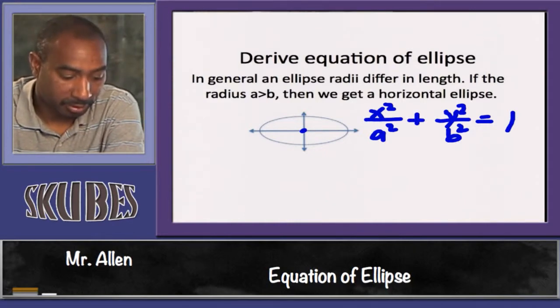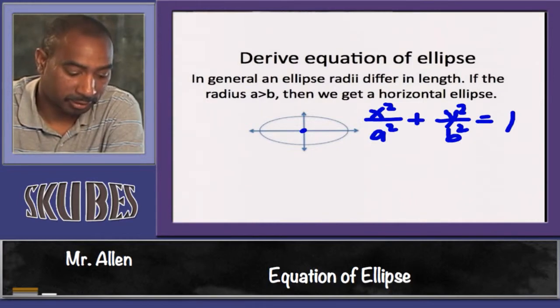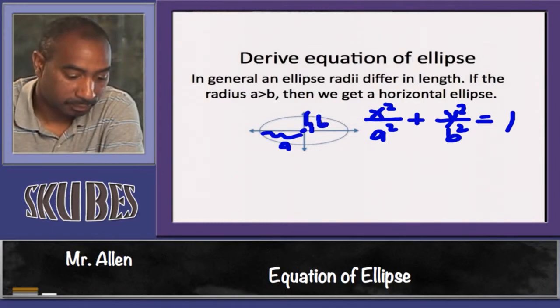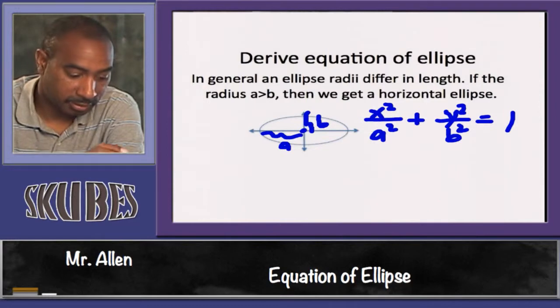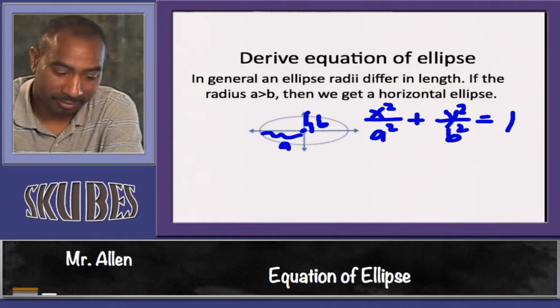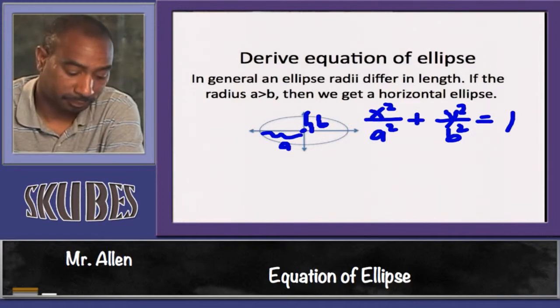For example, if the radius a is greater than the radius b, we're going to get a horizontal ellipse. So the distance from here to here would be a, and the vertical distance would be b. And anytime this number here under the x squared is greater than the number under y squared, it's always going to be a horizontal ellipse.